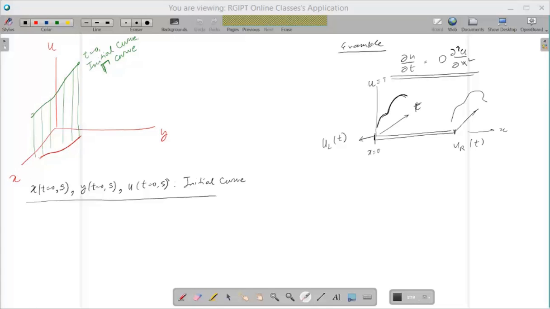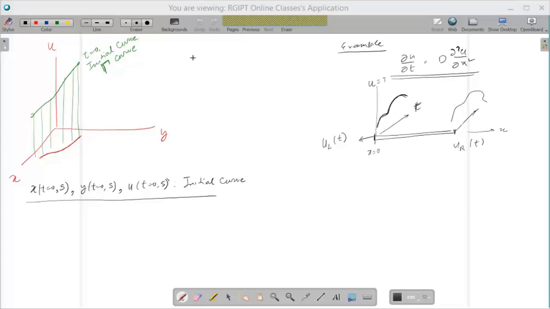These are our independent variables, and this is my dependent variable. z is my dependent variable. Remember, in actual problems, in application, whatever problems you may have.